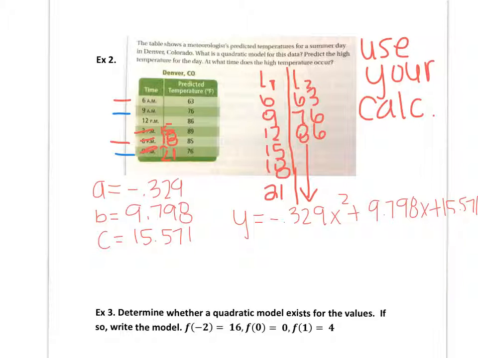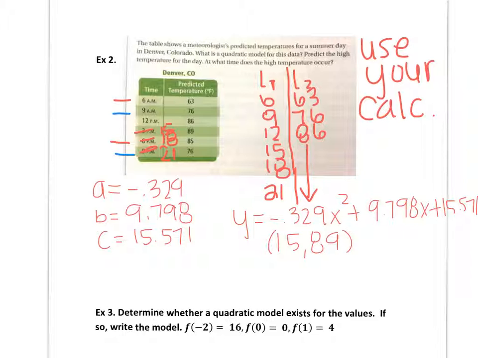Now, it's going to give us slightly off of, it's like 14.9 something and then 88.9 something. So we're going to round to 15, 89.